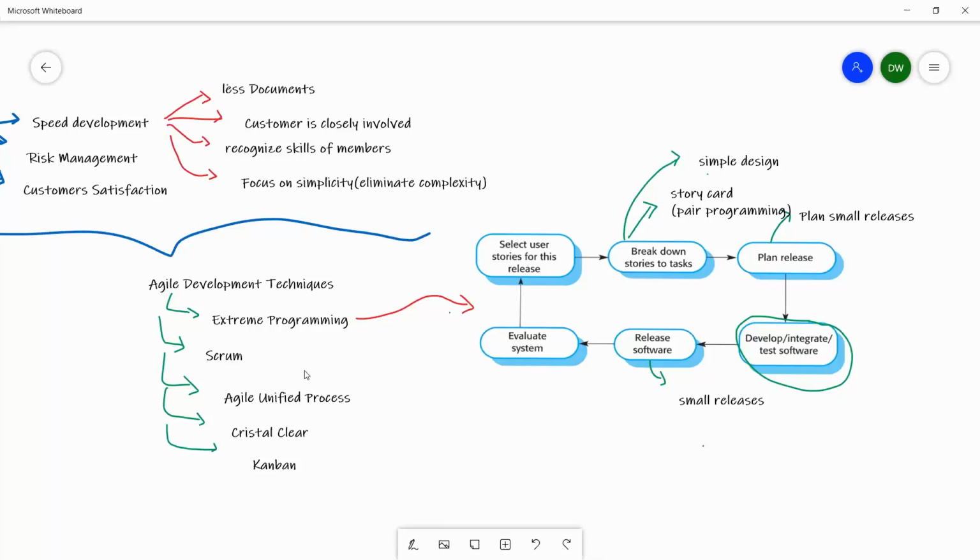So that is what happens in Scrum. That Scrum part is also clearly given in your LMS, so I'm not going to explain it here, and we have also discussed that before. Okay.